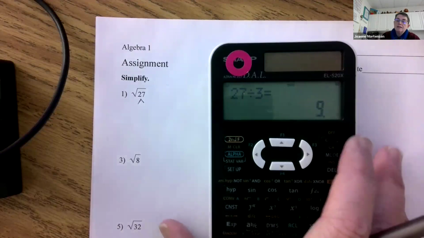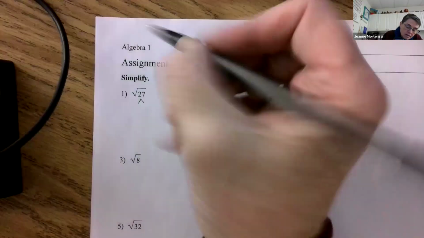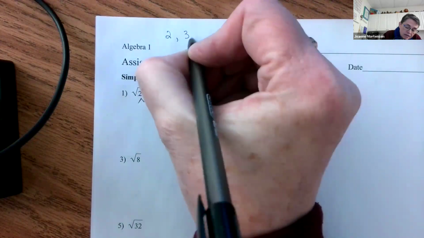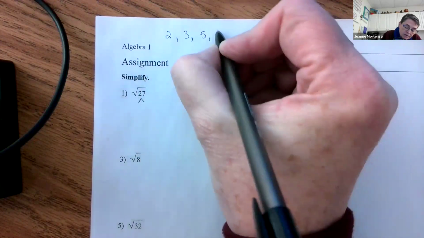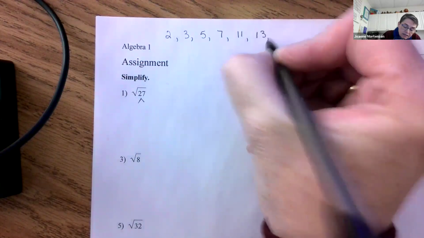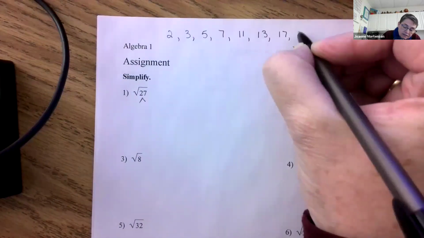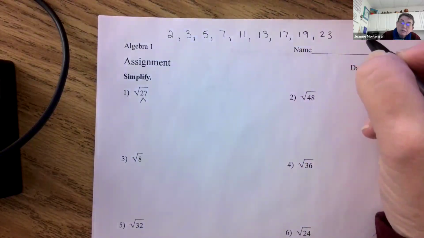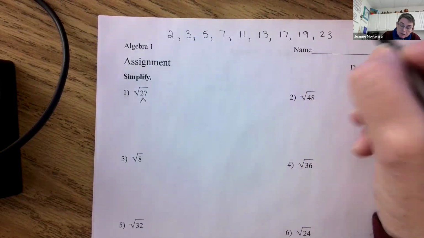Actually, before I get started, these are my prime numbers: 2, 3, 5, 7, 11, 13, 17, 19, 23, 29.